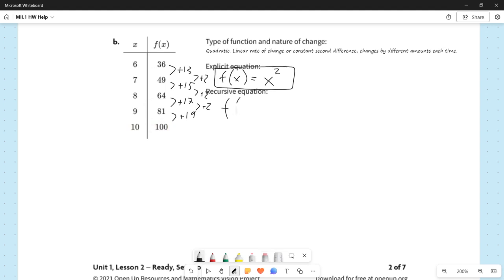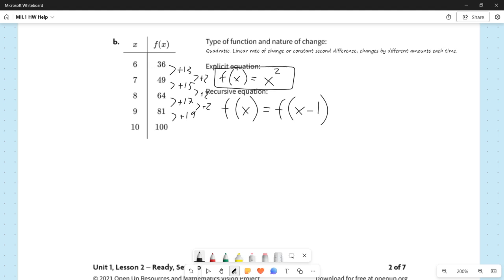And then for our recursive equation, again, f of x, because we're using function notation here. A recursive equation, again as a reminder, refers to a previous term in the function. So it's saying, in order to get the next term, you look at the previous term and then you essentially modify it in some way.